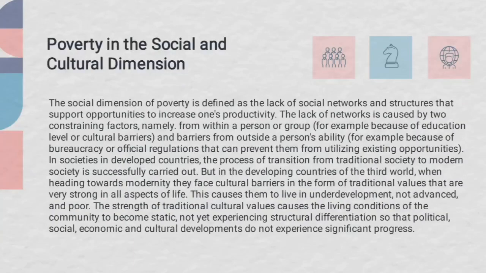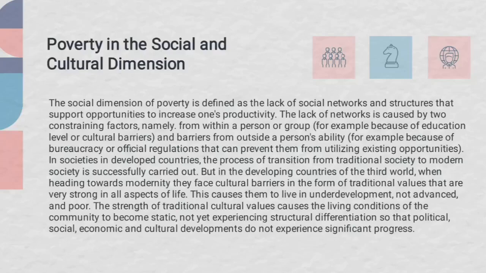Next, poverty in the social and cultural dimension. The cultural dimension of poverty is defined as the lack of social networks and structures that support opportunities to increase one's productivity.